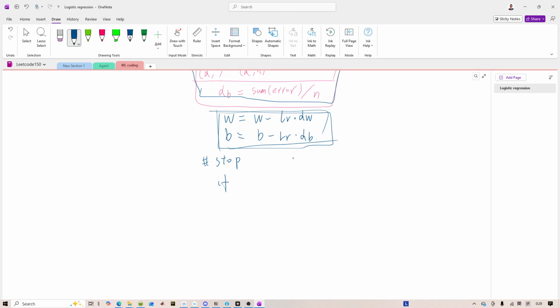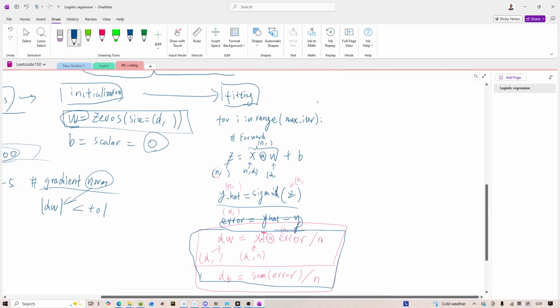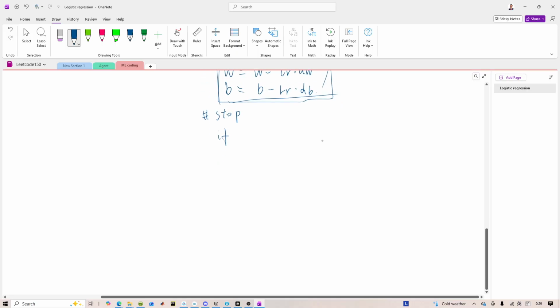which is like if this is the max iteration stuff is explicitly or implicitly implemented.